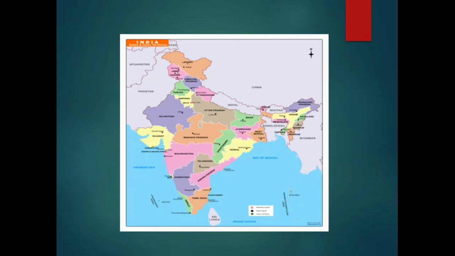Here you can see Jammu and Kashmir and Ladakh both divided. So Jammu and Kashmir is nowhere called a state. It is now divided into 2 union territories. So finally, we have 28 states and 9 union territories.